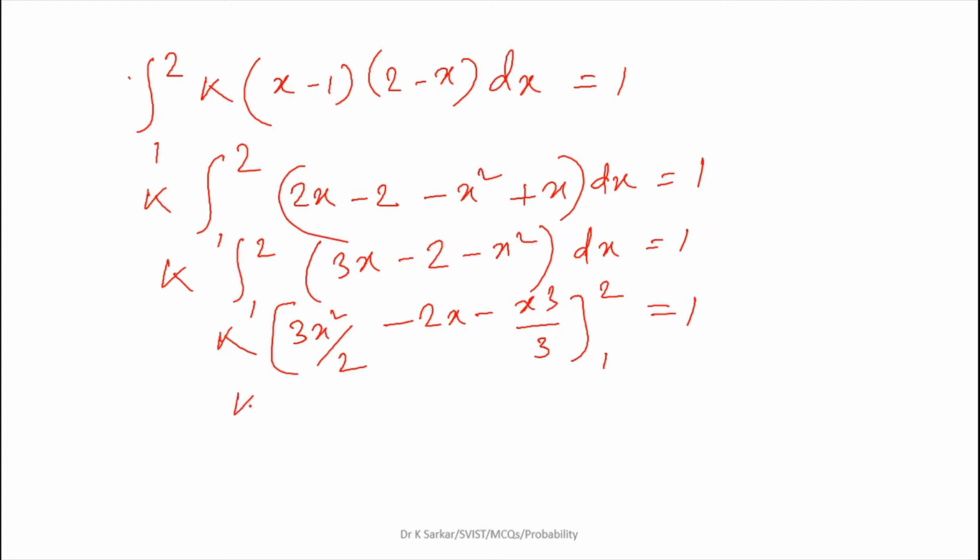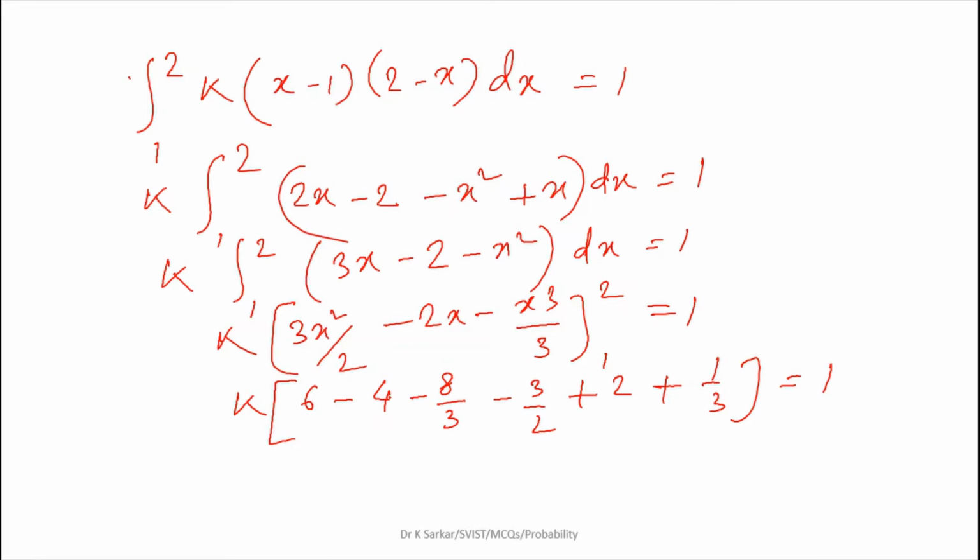So k times 2 square by 2, 2 times 3 is 6, minus 4, minus 8 by 3, minus 3 by 2 plus 2 plus 1/3 equals 1.